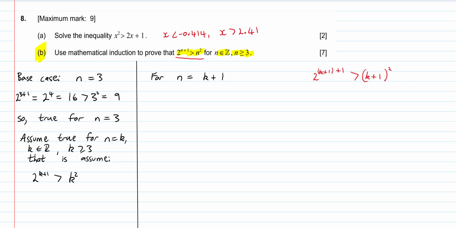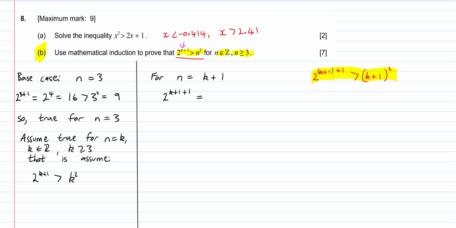So what we'll do now is we'll plug k plus 1 into the left hand side of our statement there and see if we can end up with this. See if we can show that 2 to the power of k plus 1 is greater than (k plus 1) all squared. So plugging in n equals k plus 1, we're going to get 2 to the power of k plus 1 plus 1.